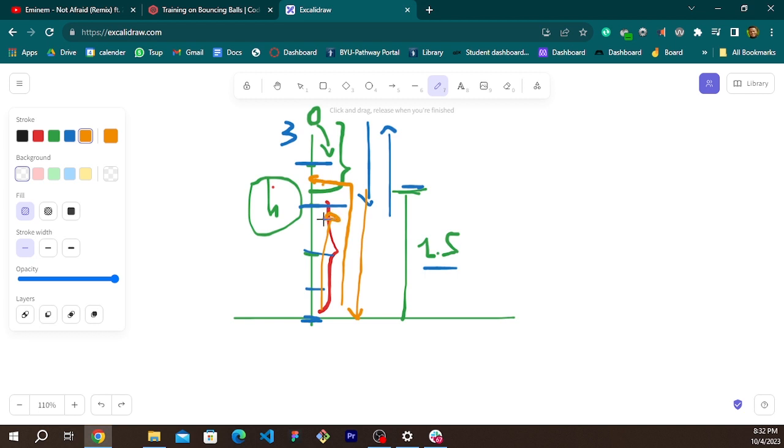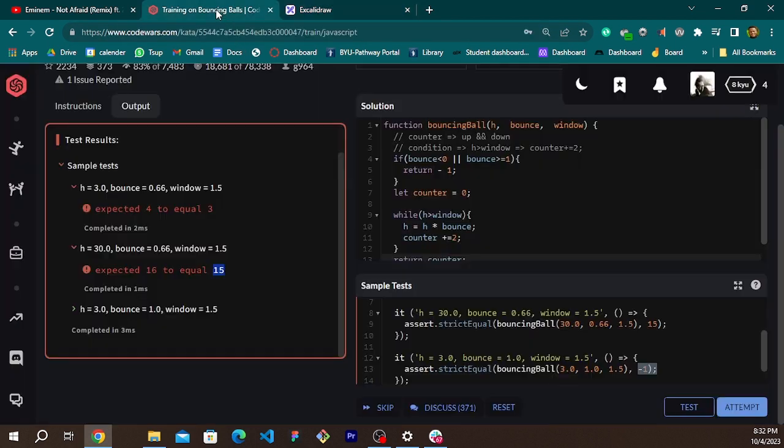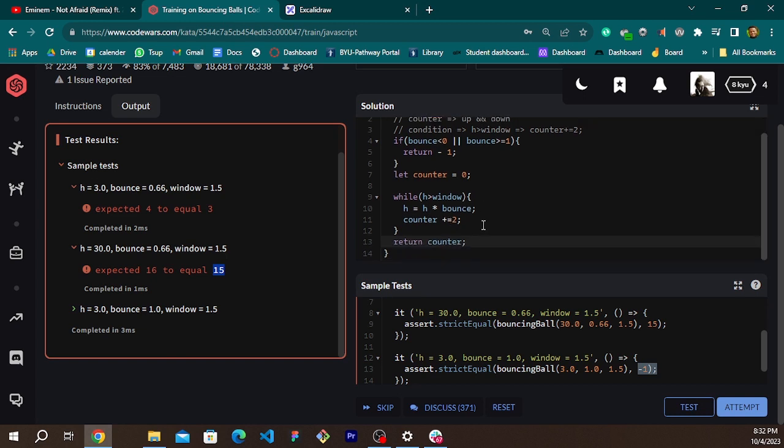So mother will only be able to see it coming down, but will not be able to see it coming back up. So for the last bounce, we won't increment 2 times. We just see it going down but not coming back, so we just subtract 1 here. I hope it does make sense.